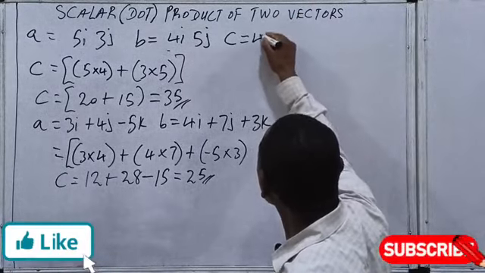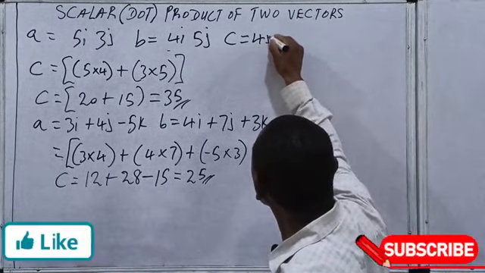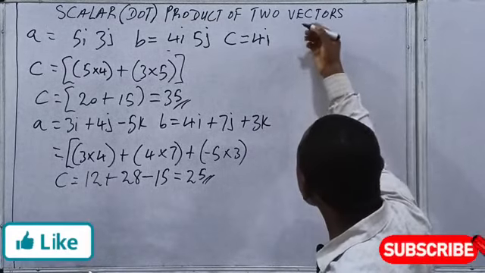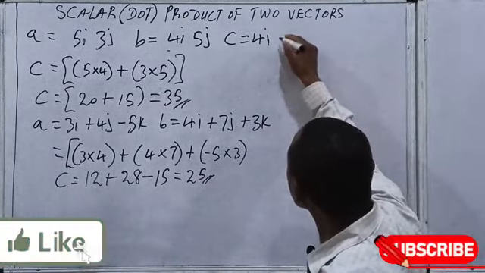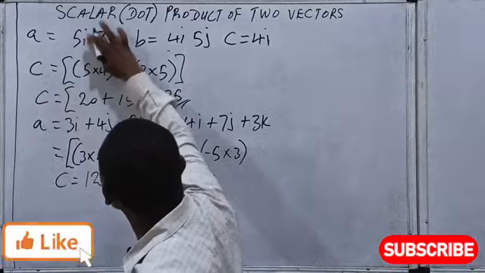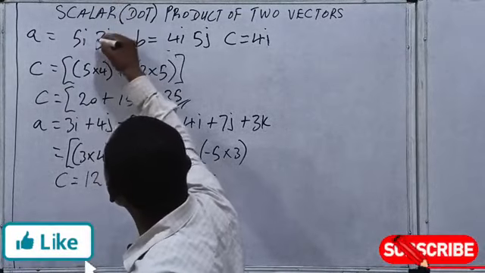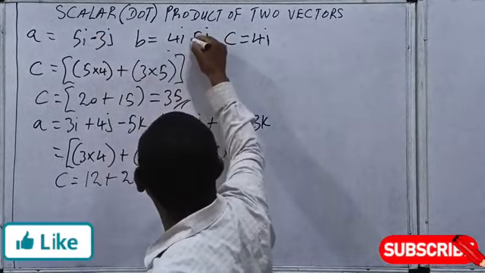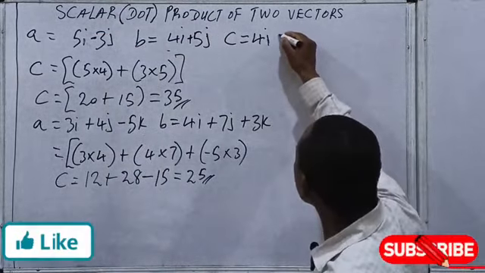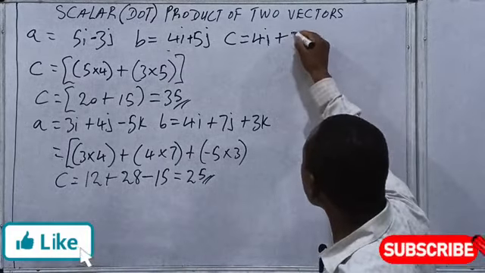Let's assume this is 4. Then, okay. Let's use plus here. Or we can decide to use a negative sign. This is minus, this is plus, then this is minus, this is plus. Okay, let's use plus 7.